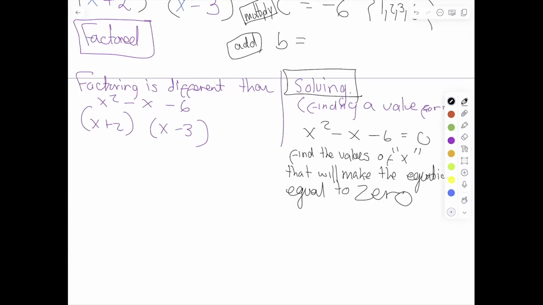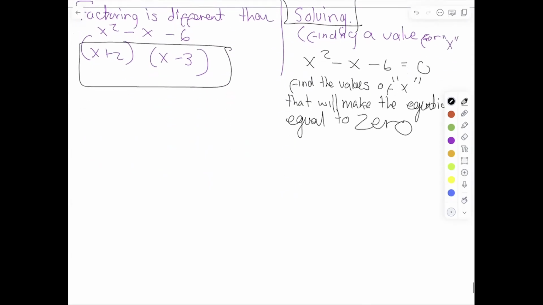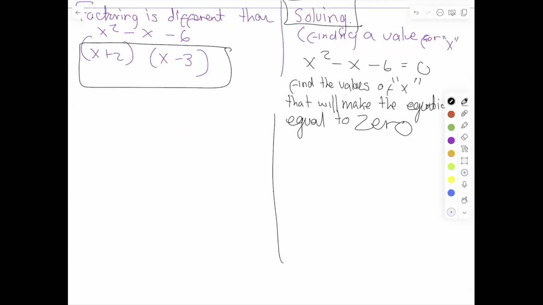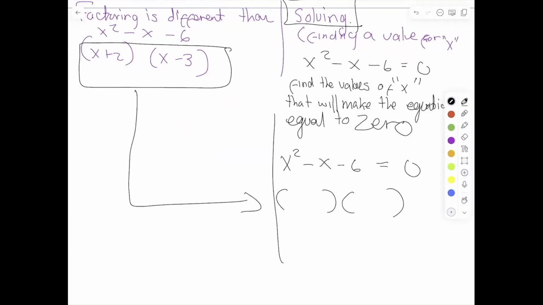Now I need to find the value for x. But you already did the hard part. You did the factoring on the left, right? So let's do the same thing on the right. X squared minus x minus 6 is equal to 0. I factor. What do you think are my factors?